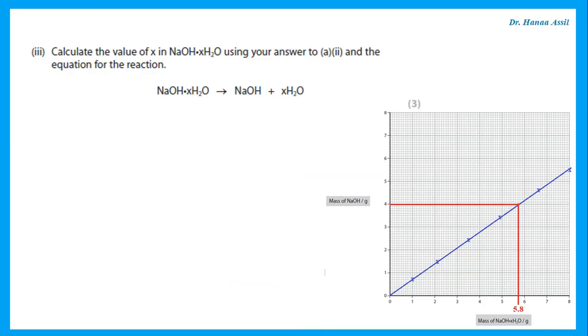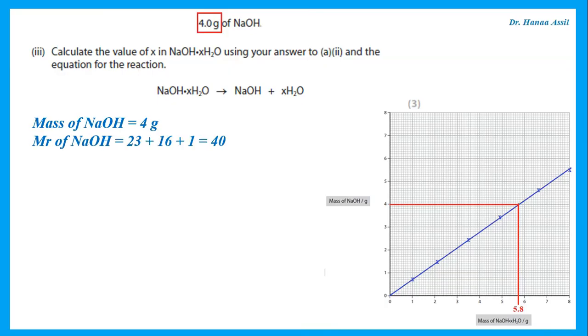Calculate the value of X using your answer and the equation. So what do we have? We had 4 grams of sodium hydroxide, so I can get the number of moles. The MR of sodium hydroxide is 40, so the number of moles, mass over MR, is 0.1.